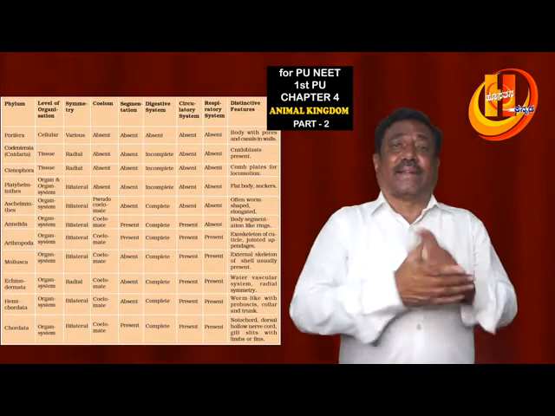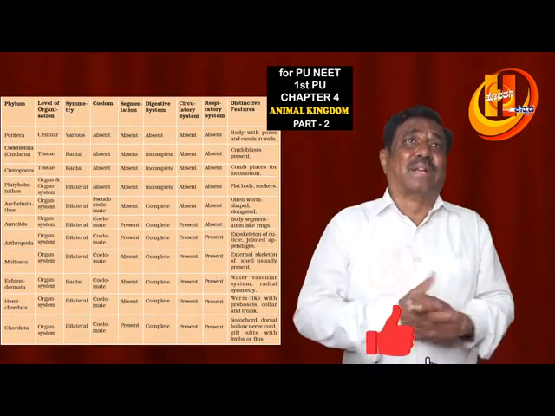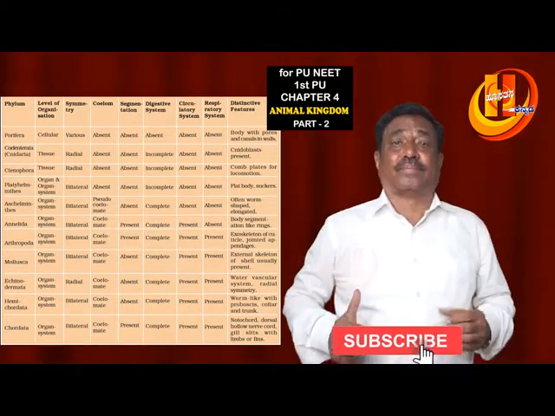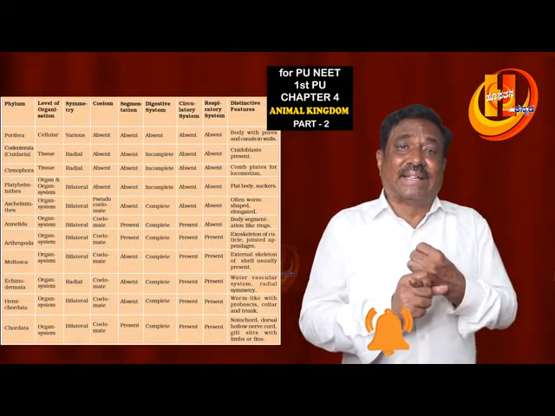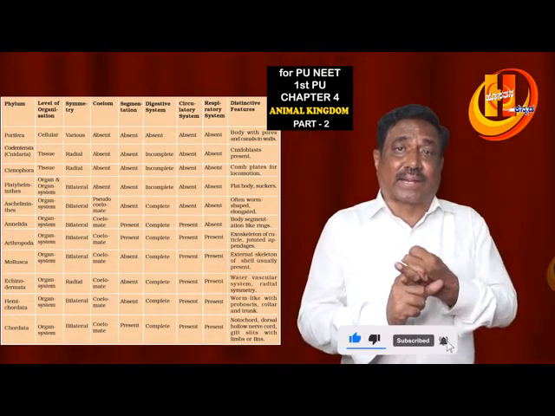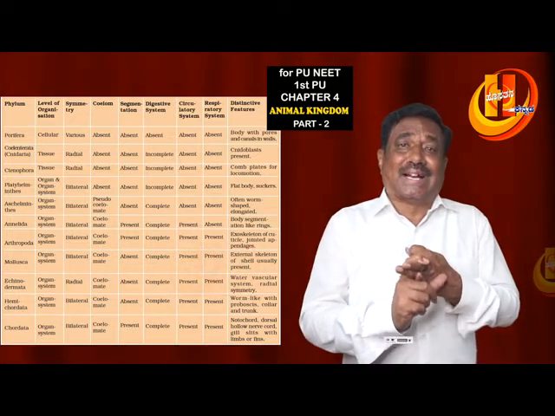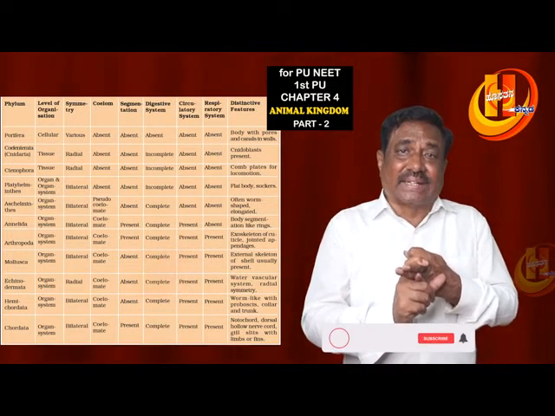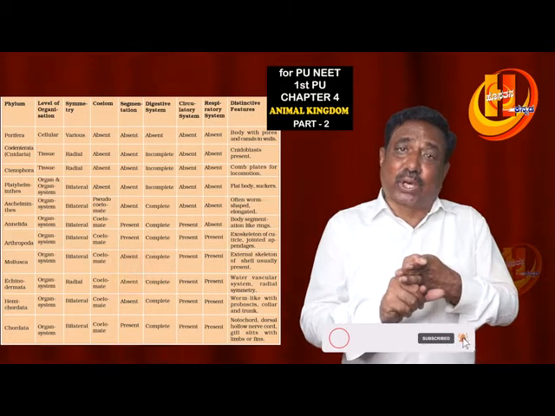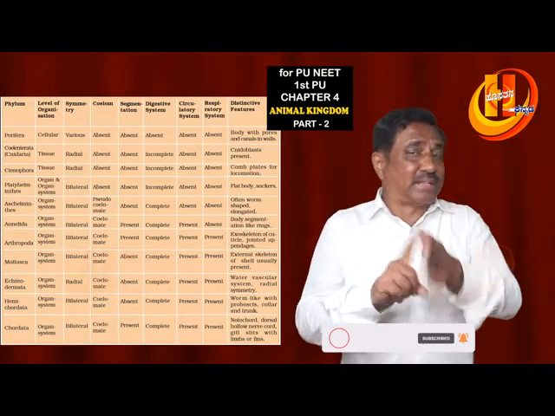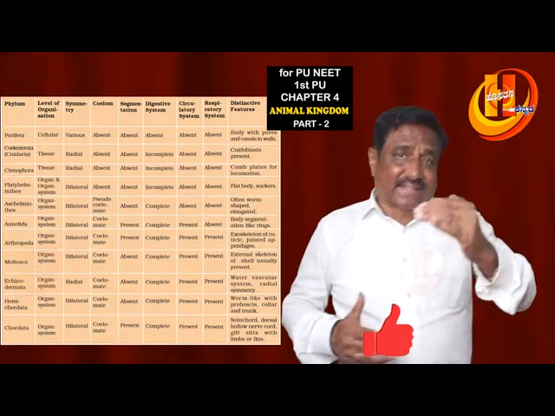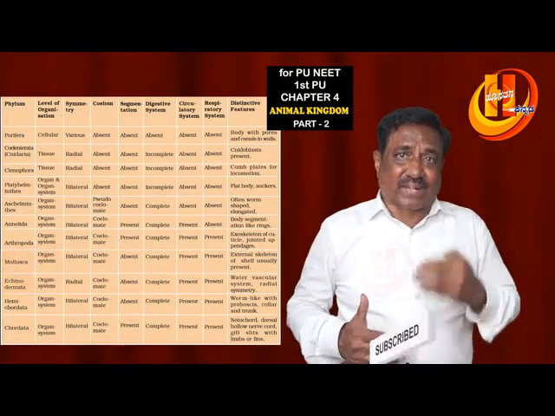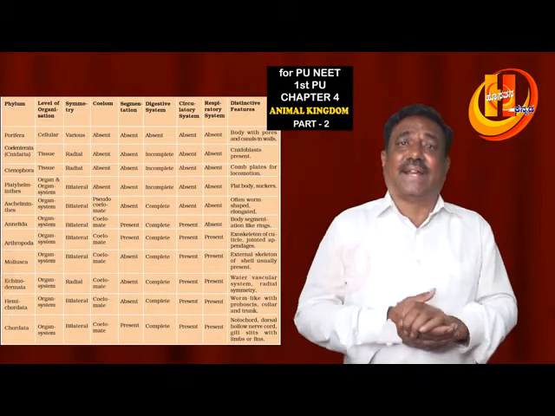The circulatory system is absent up to Annelida. So Porifera, no circulatory system, and the Coelenterata, no circulatory system, Ctenophora, no circulatory system, and then Platyhelminthes, no, and then Aschelminthes, no circulatory system. It starts from Annelida, that is the circulatory system. Circulatory system starts from Annelida.